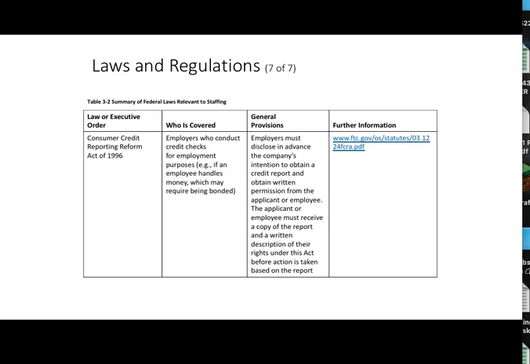They definitely need to know, because as we all know, there could be errors on the credit report. So if the person is rejected because of their bad credit, they have the right to receive their credit report and appeal if there are errors on the report. There are some statutes on the right-hand side that support that.